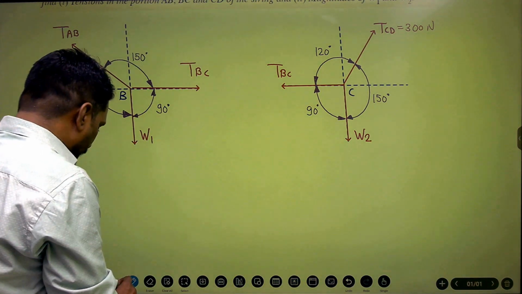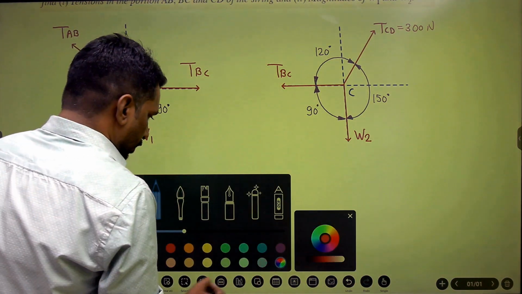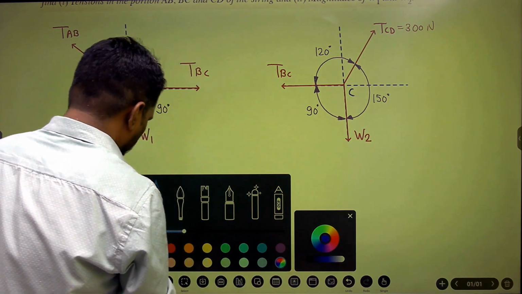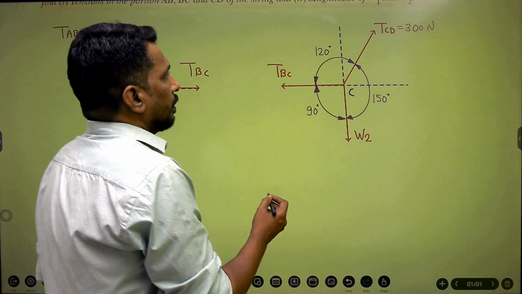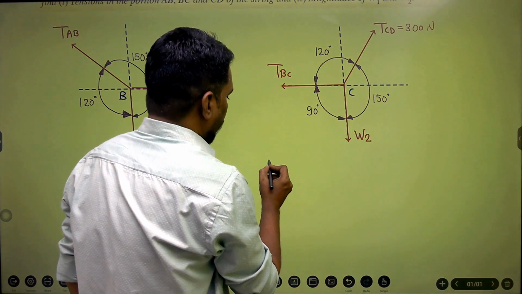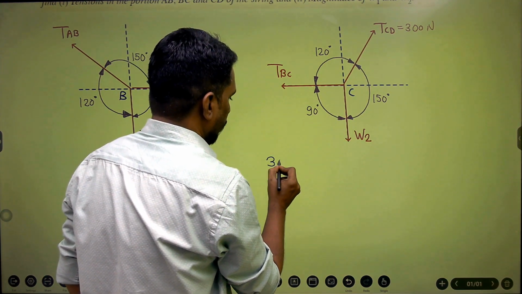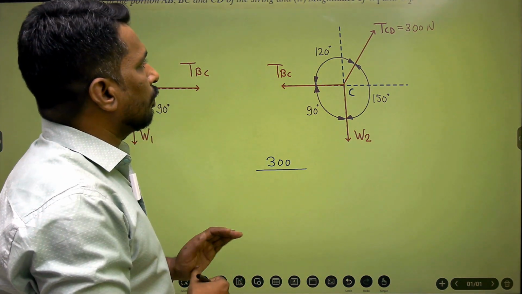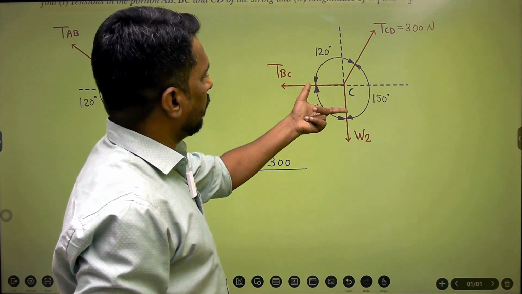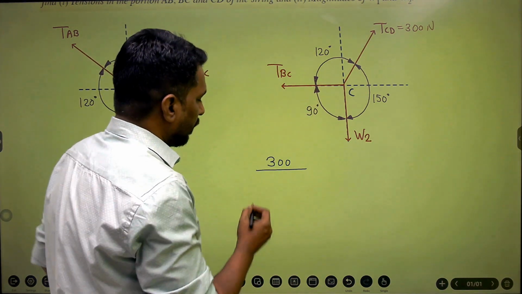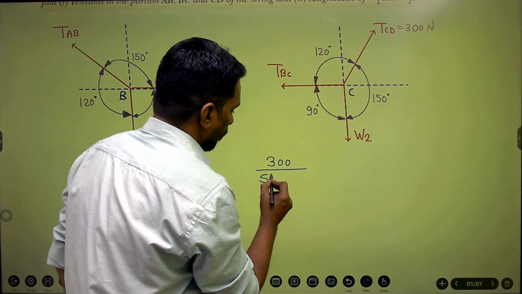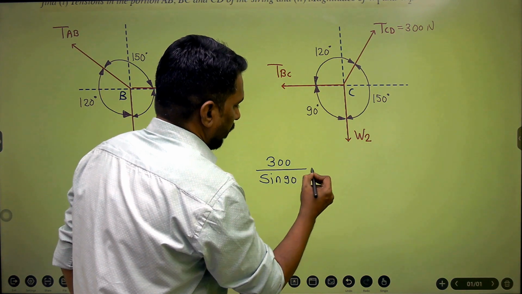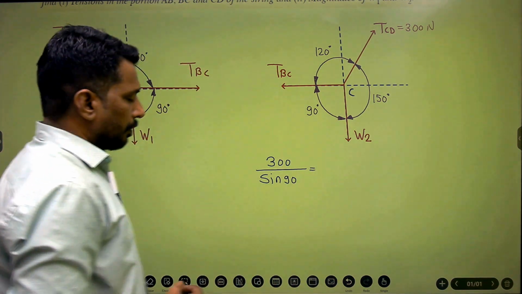So now if I apply Lami's theorem, over here I'll start with the known value, that is 300, divided by the sine of the angle between the other two forces. So if I consider TCD, then the angle between the other two forces is 90, so sine 90, and sine 90 is 1.